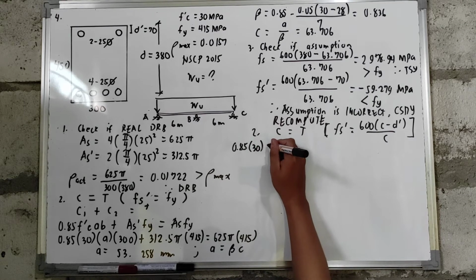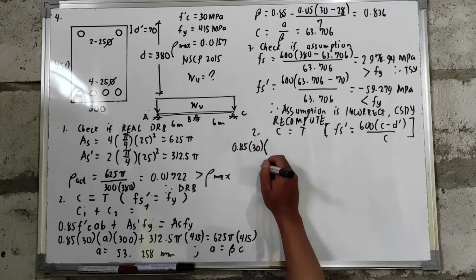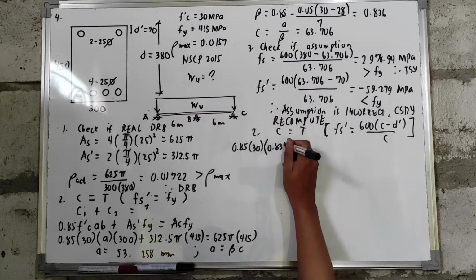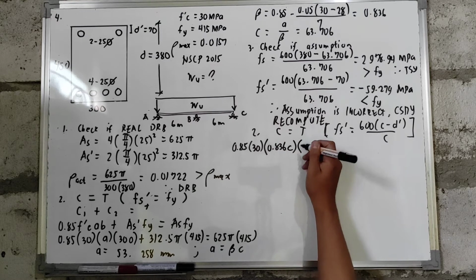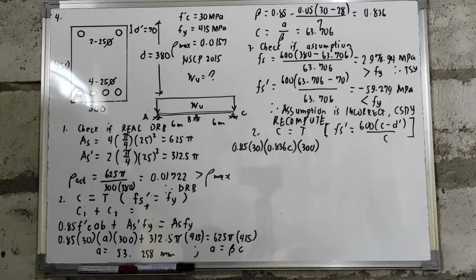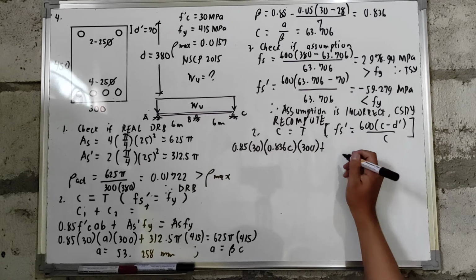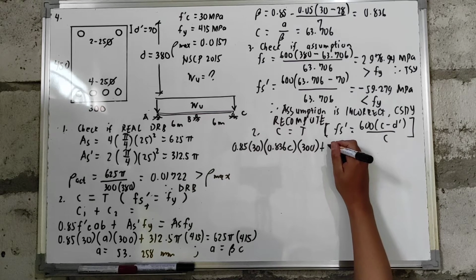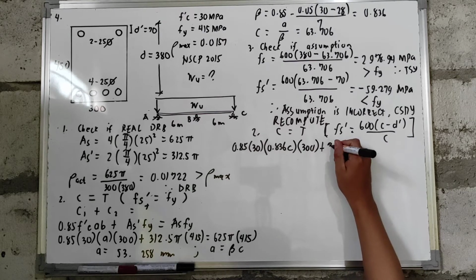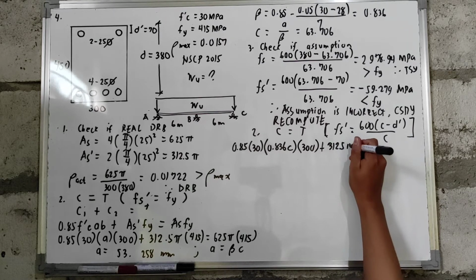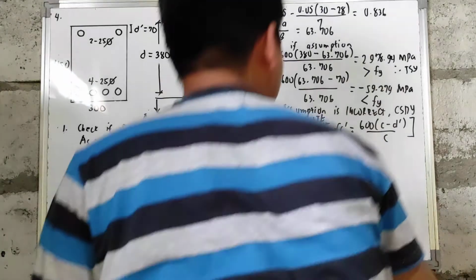Yung A natin, so yung beta natin, we have 0.836C multiplied by the value of your B na 300. Plus, yung AS prime natin na 312.5 pi multiplied by yung Fs prime natin.